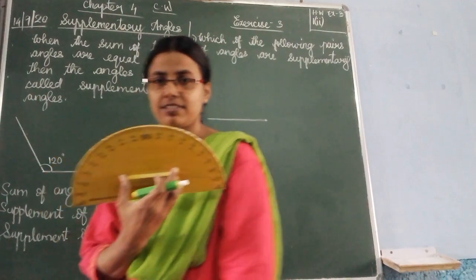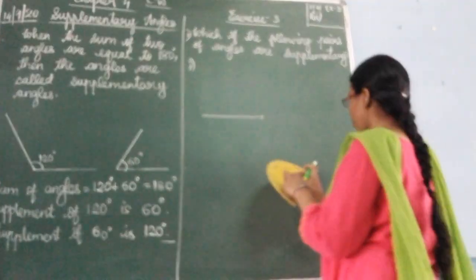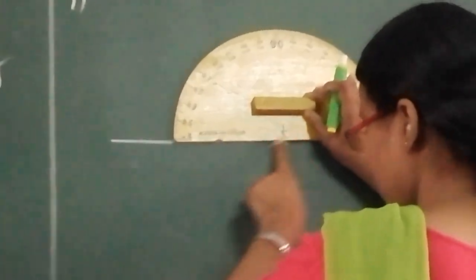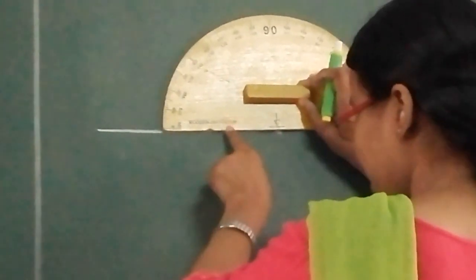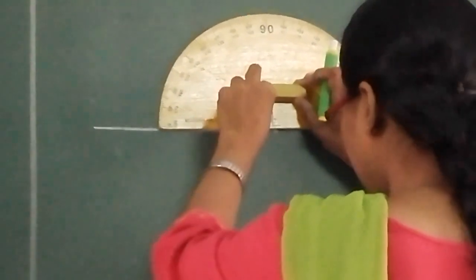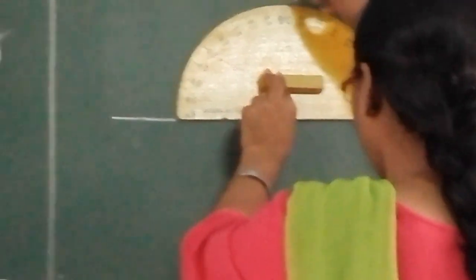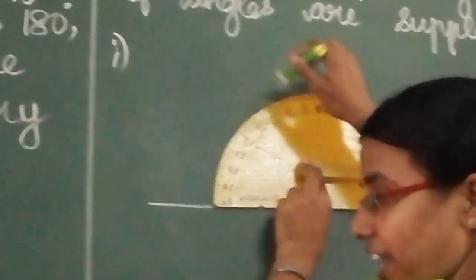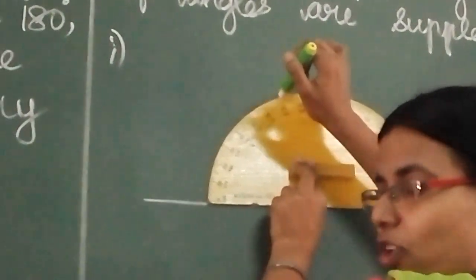Now, what do you call this? Yes, it's a protractor. Use the protractor, keep the center on the vertex and see that the arm of the angle is not visible. It is in line with it. Now mark 110 degrees. Shall I mark this side? Inside shall I see? No, very good.